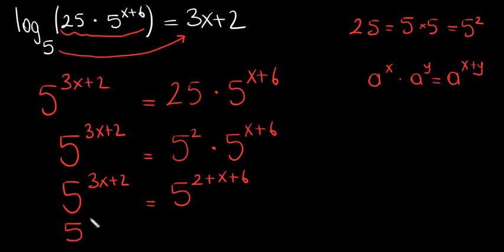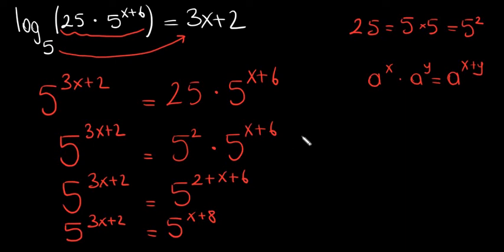So 5 to the power of 3x plus 2 is 5 to the power of x plus 8. In this equation, we have the same base. As you can see, I have 5 and 5 here. So the exponents must be the same.